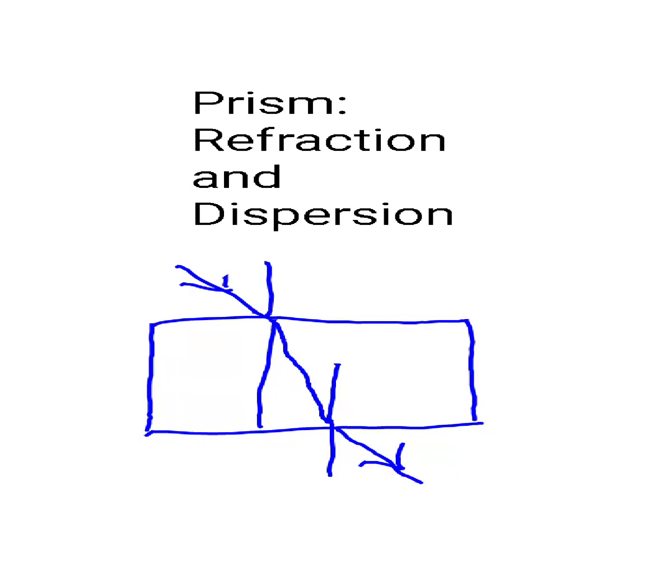So if we see this ray going back, it was parallel to the original ray. Suppose this is air and this is glass, and this is again air.